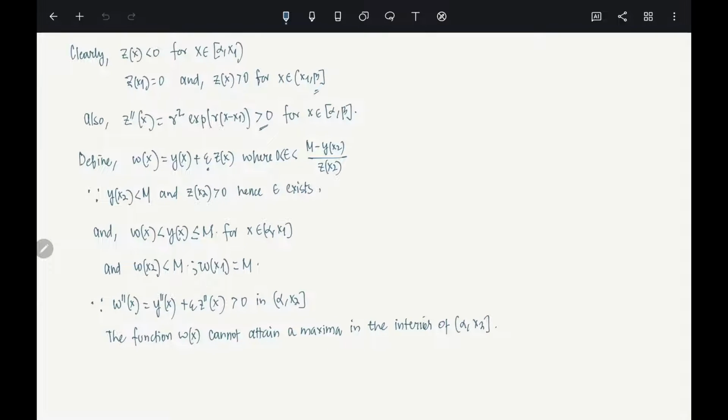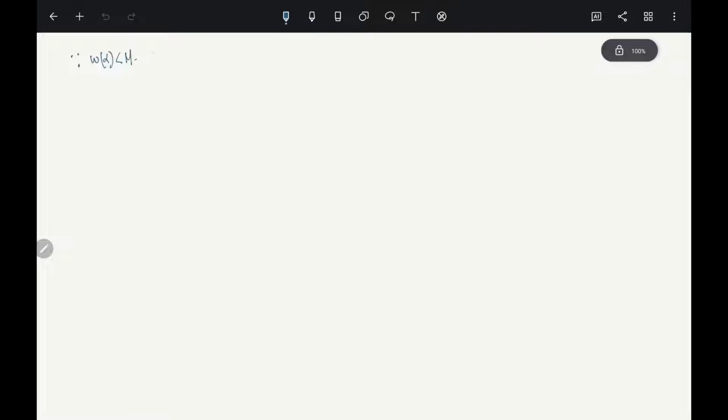Now let's look at what happens at w at the point alpha. W at the point alpha is less than m, right? This is what we calculated here. You remember? W at the point alpha is less than y at the point alpha, which is less than m. W at the point x2 again is less than m, and W at the point x1 equals m.